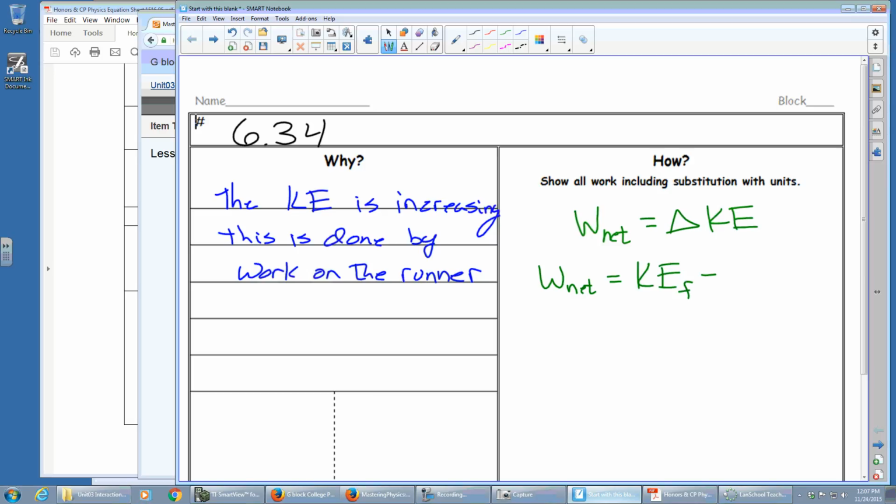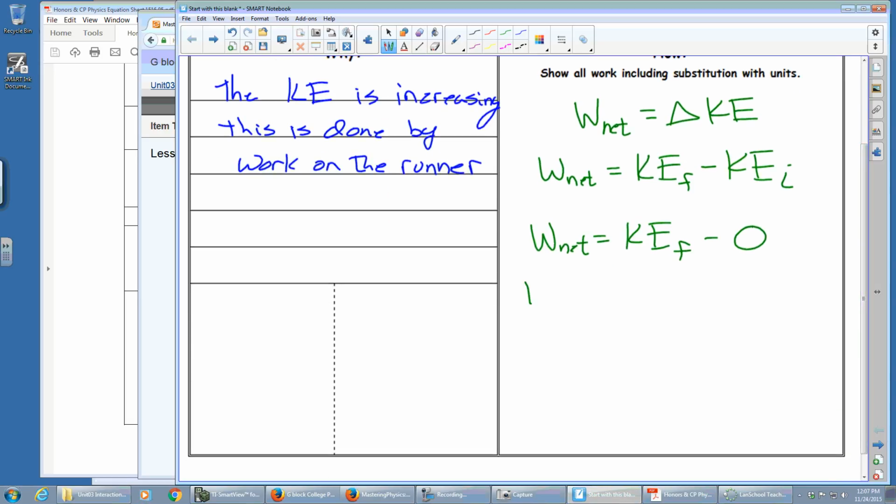One of those things that hopefully is seeping into your brain somewhere. What was the initial kinetic energy if it was at rest? 0. So KE final minus 0. So we can kind of forget about that.